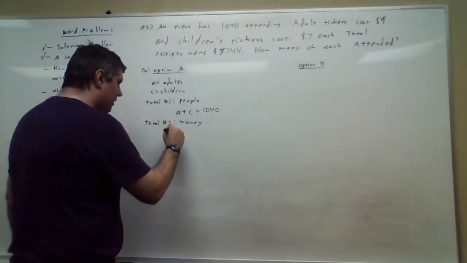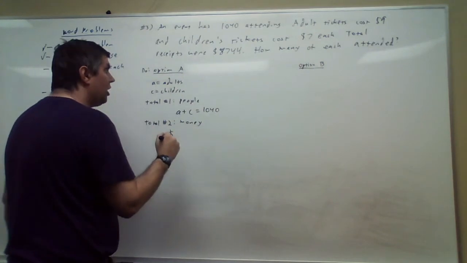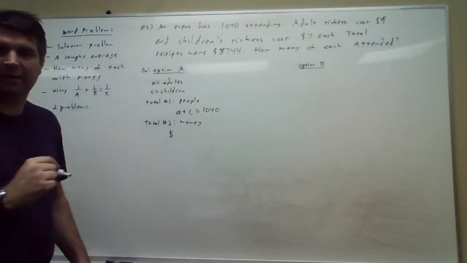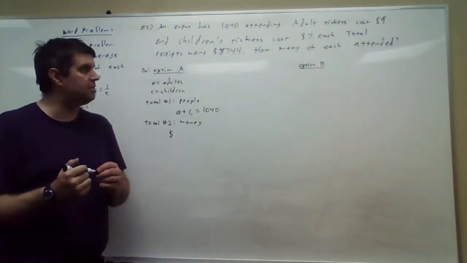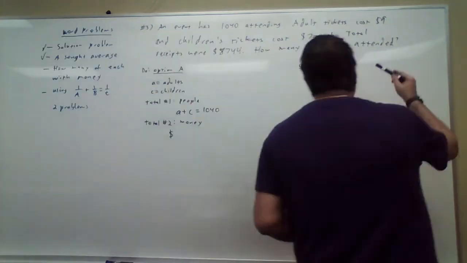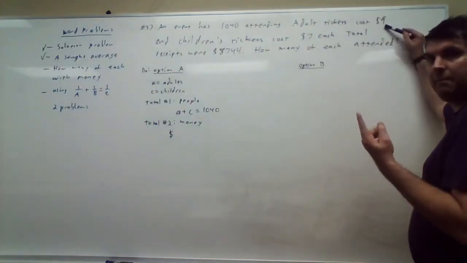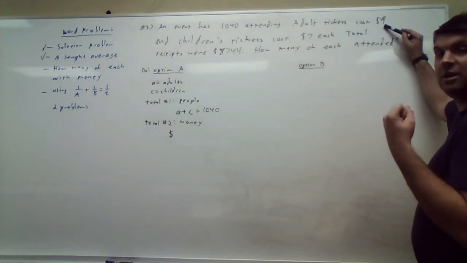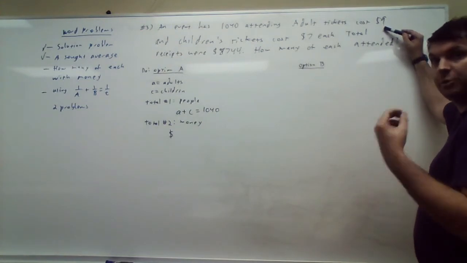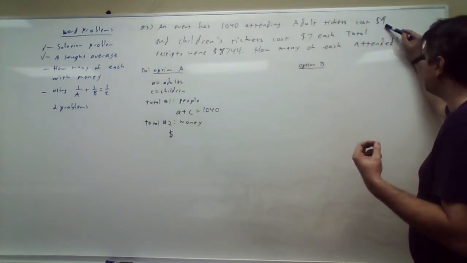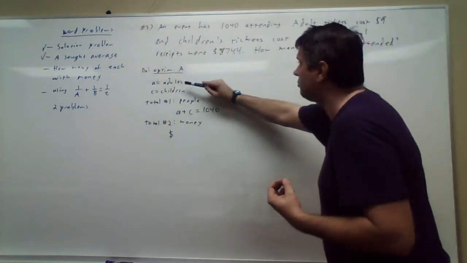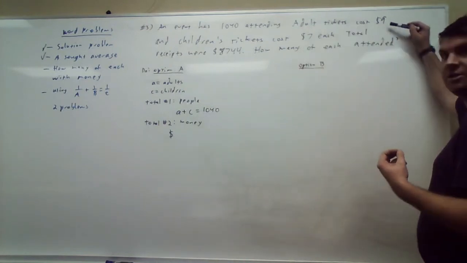Think about this. If you admit 1 adult, you bring in $9 1 time. You admit 2 adults, you bring in $9 2 times. You admit 3 adults, you bring in $9 3 times. If you admit 8 adults, you bring in $9 8 times.